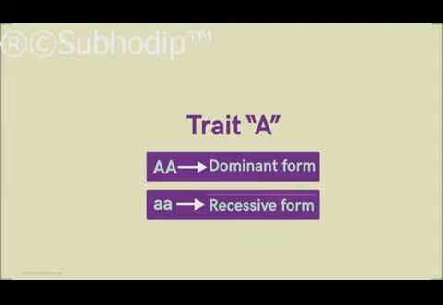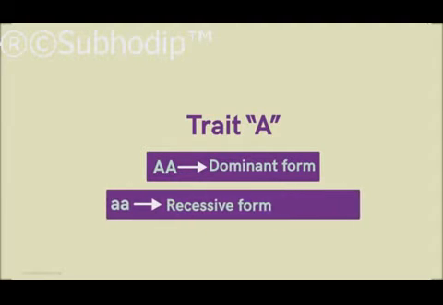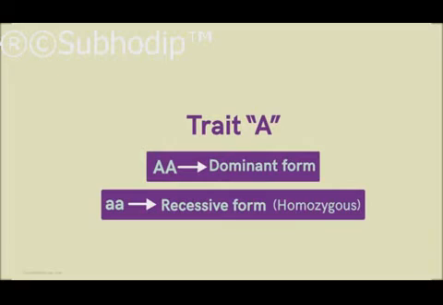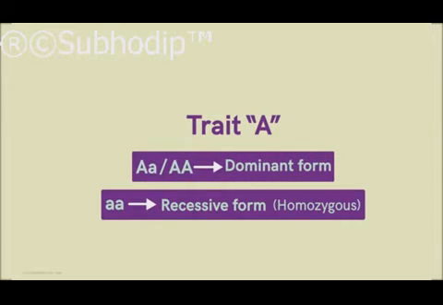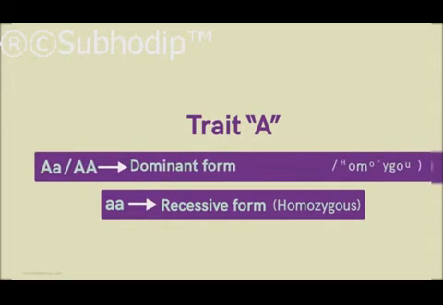Now, the recessive form will definitely be homozygous. Why? Yes, we know that the recessive character is expressed only when it's in the homozygous form. But the dominant character can have both the sets of alleles. So, AA in uppercase as well as Aa, one in upper and the other in lowercase, can give us a dominant case. So, it could be homozygous or heterozygous.